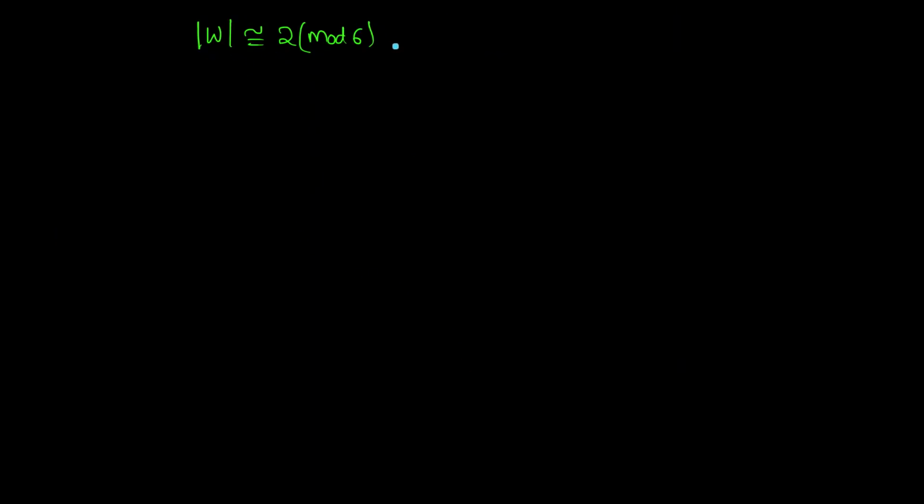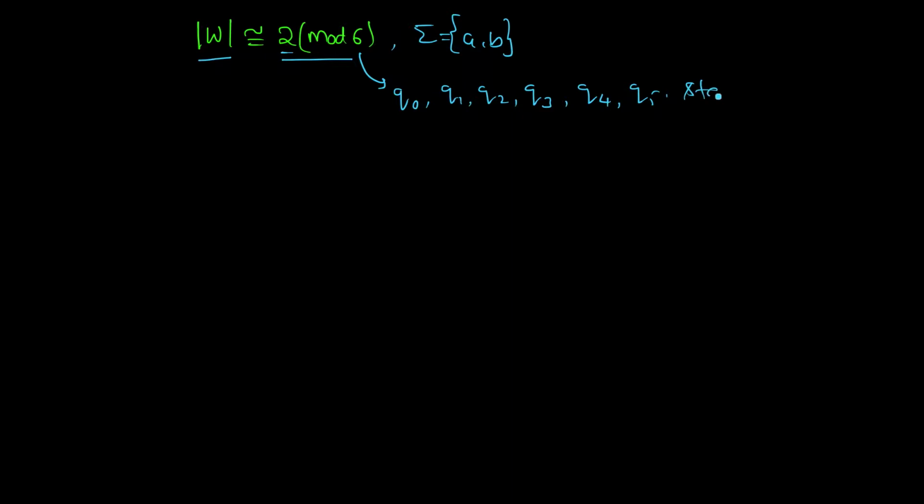Let's look at this. Here the length of the string is congruent to 2 mod 6. We need to construct a minimal DFA for all the strings having length congruent to 2 mod 6. Our alphabet is A, B, right? Since we have mod 6 here, we will have Q0, Q1, Q2, Q3, Q4, Q5 as our states.